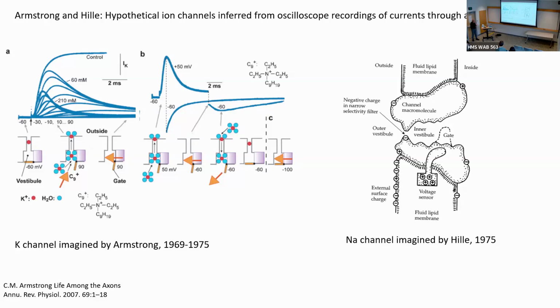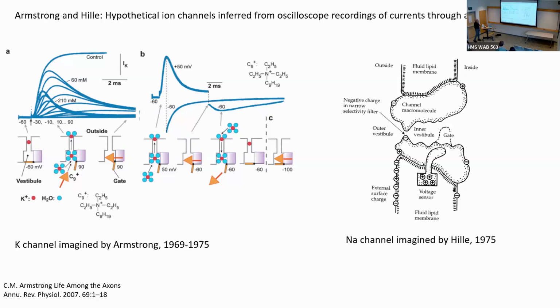And so what he found was, when he put these big charged cations inside, his hypothesis was that this blocking was because they would go into the channel, but they wouldn't conduct, and they would block the movement of potassium ions.